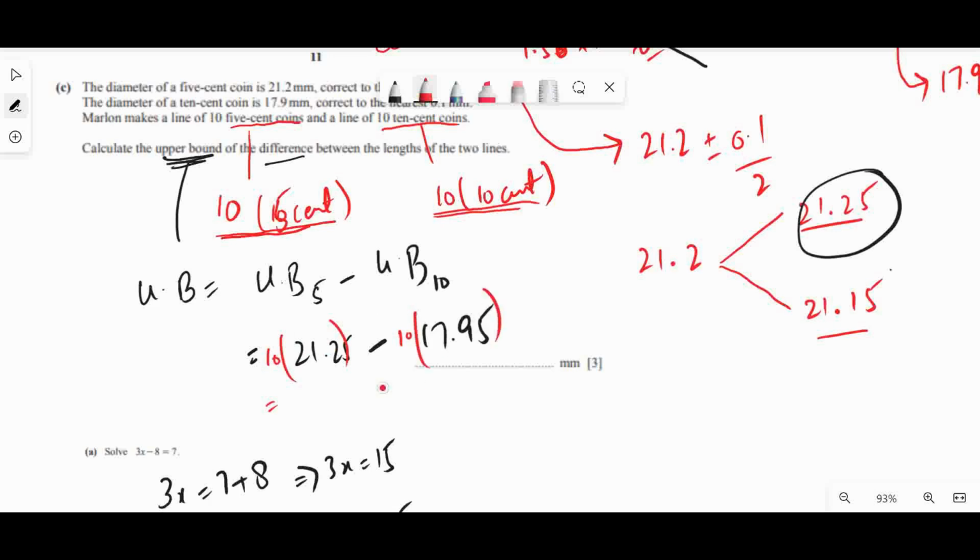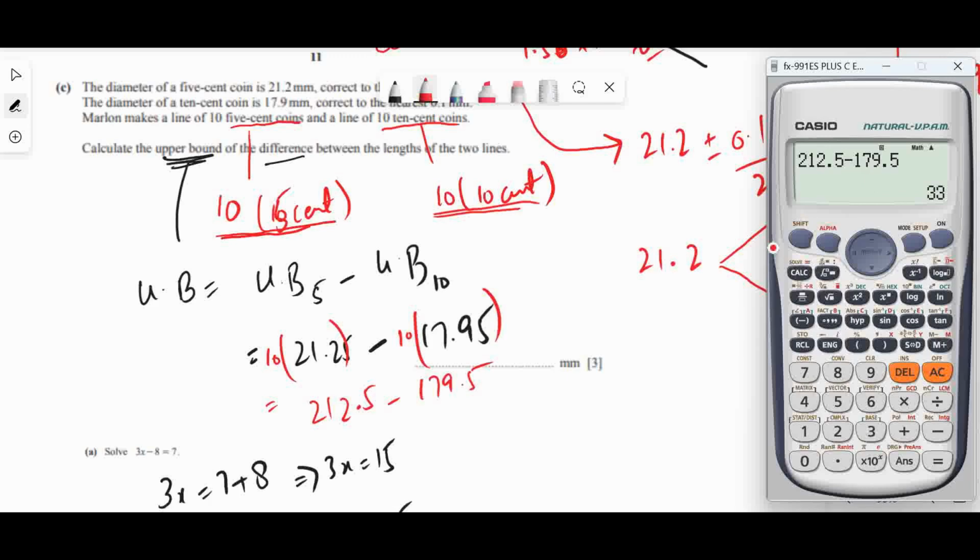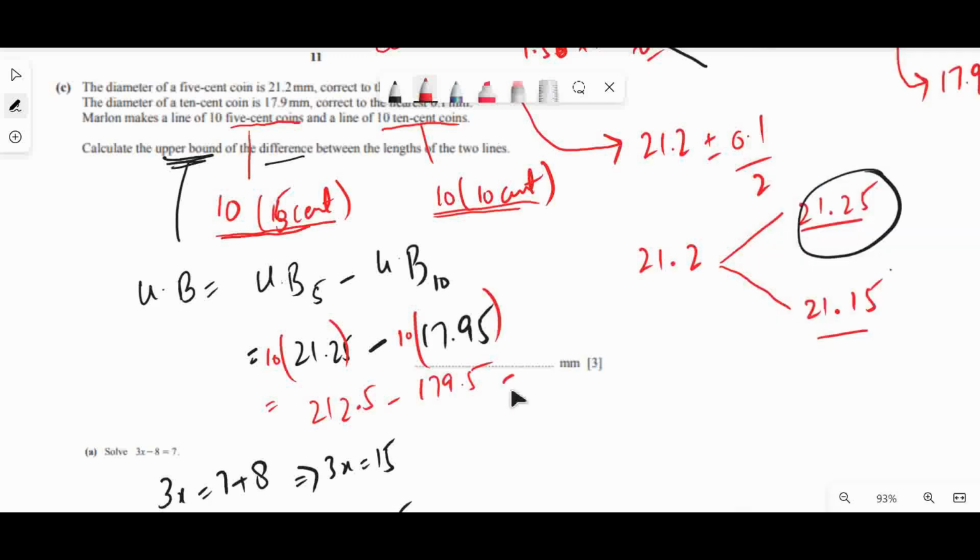So this will be 212.5 minus 179.5. If we subtract it, this will be equal to 33. So 33 will be the final answer for this particular question. Please correct it in your working.